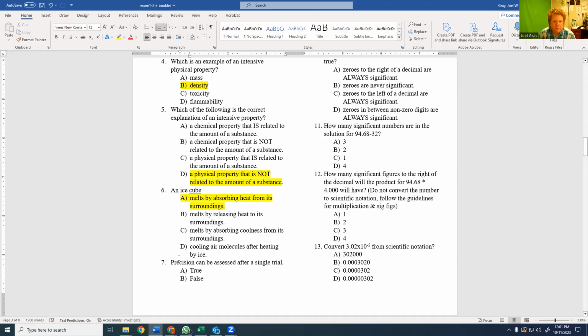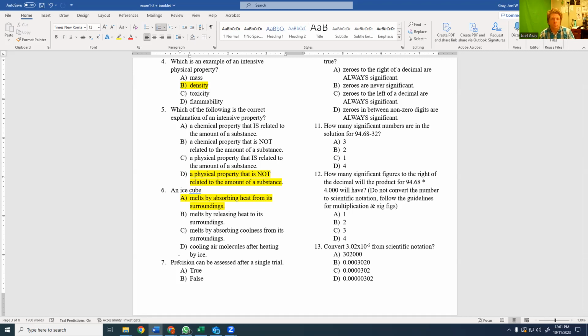Okay, number 7. Precision can be assessed after a single trial. So this question is really getting after precision and accuracy. And I always like to think about examples like shooting a free throw in basketball. If you shoot one free throw and you make it, then you were accurate. But were you precise?